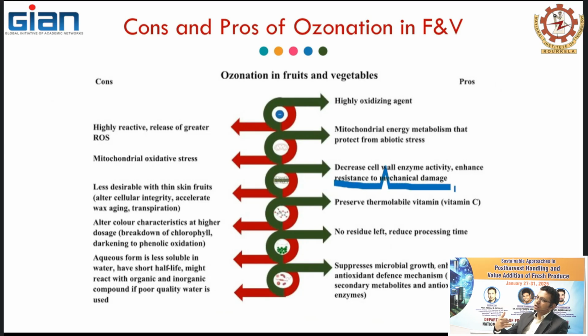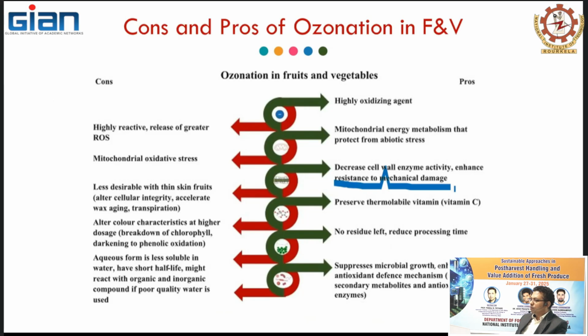So up to a certain level, because mechanical damage at a higher level is difficult, but the cell will become a little stronger or enhance its resistance actually. There is preservation of vitamins, and at the end it will not leave any residues, so the air can be reutilized in the environment.